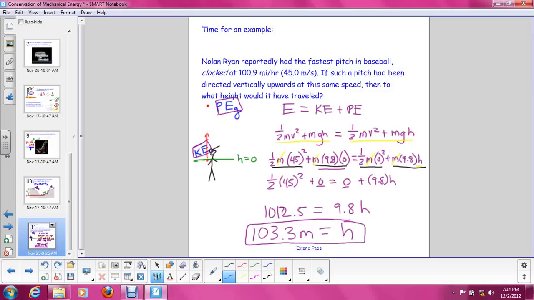That's pretty incredible. So all of that kinetic energy stored up in that baseball, because of the incredibly high velocity, would translate into a pretty big amount of gravitational potential. And that's reflected in the really, really high distance that this ball would travel.